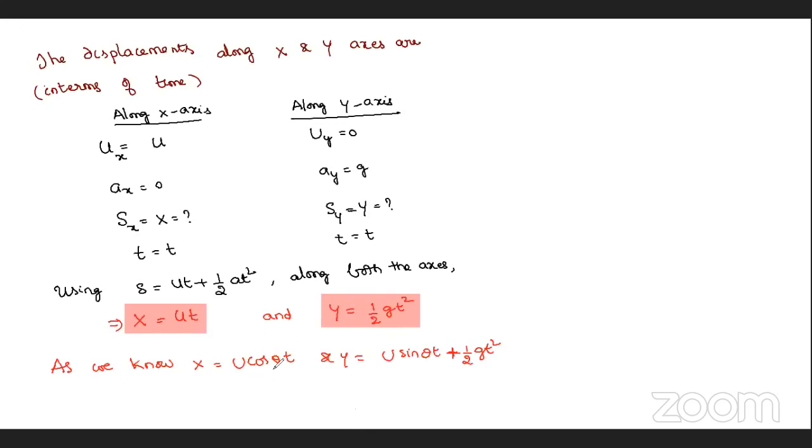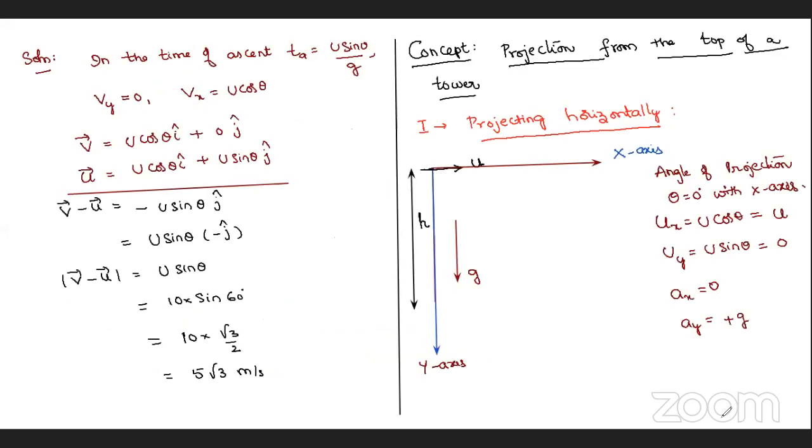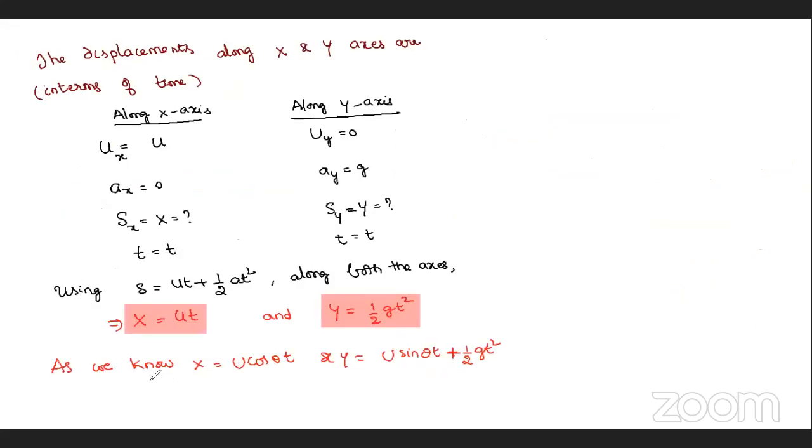And theta I put 0. In this case, projected horizontally from the top of a tower means, as I already told, theta equals to 0. I will get the answer in one step. Theta equals to 0, we will get x is equals to, by putting theta 0, cos 0 is not 0, it is 1, u into t.